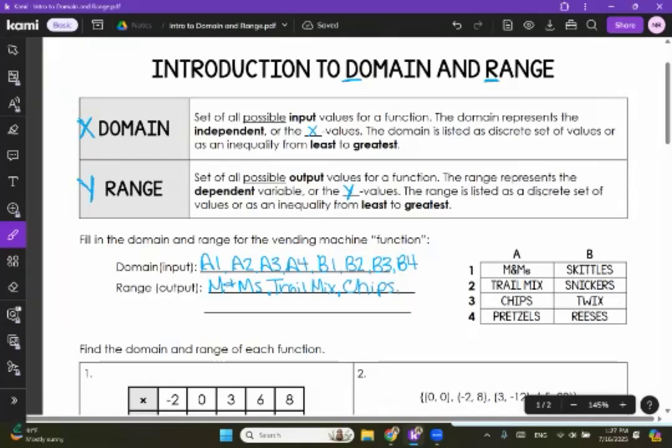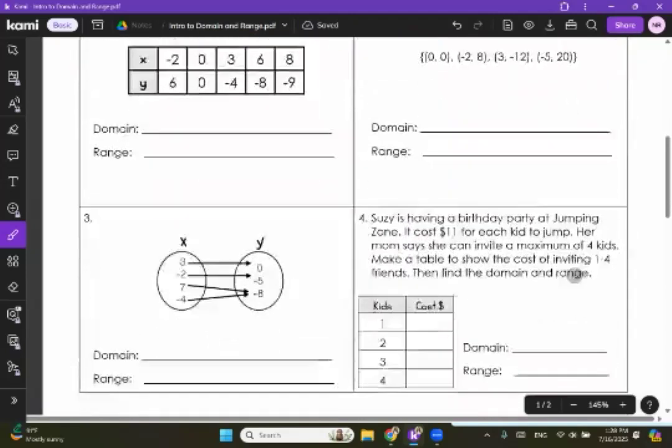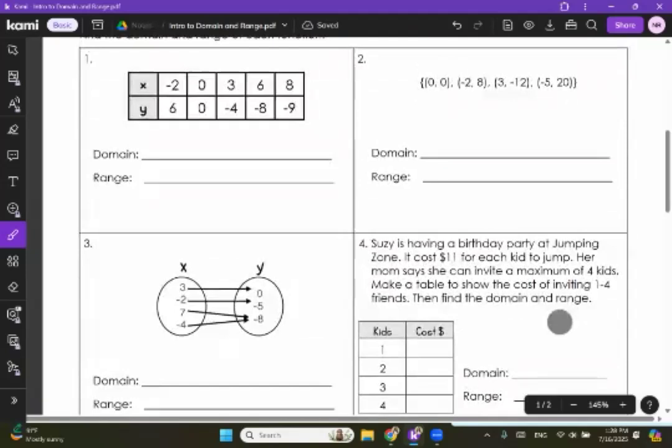Chips, pretzels, Skittles, Snickers, Twix, and Reese's.